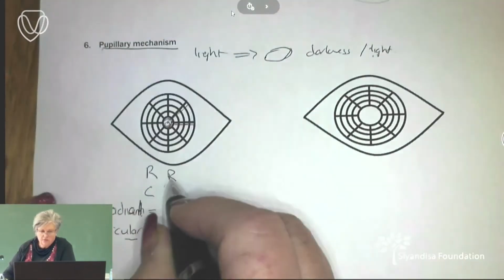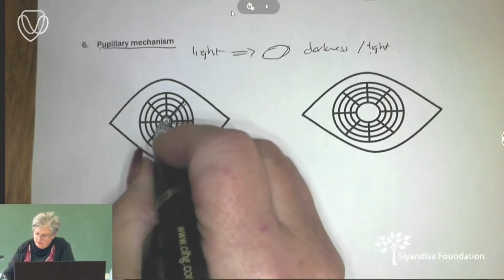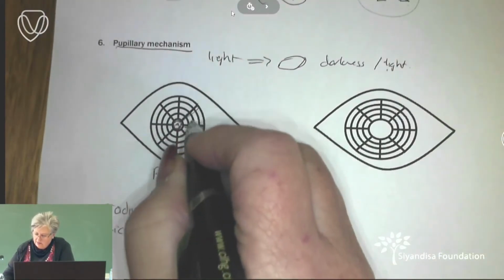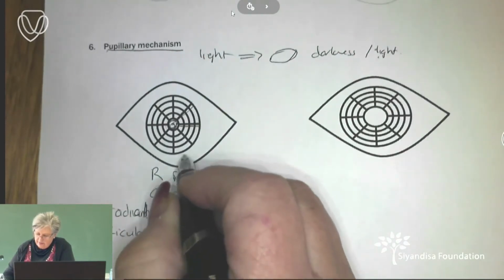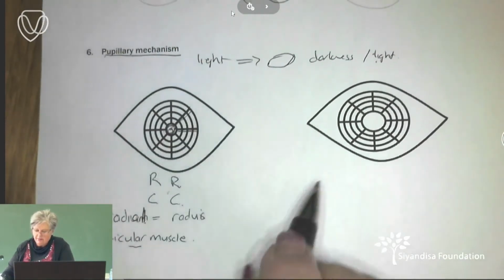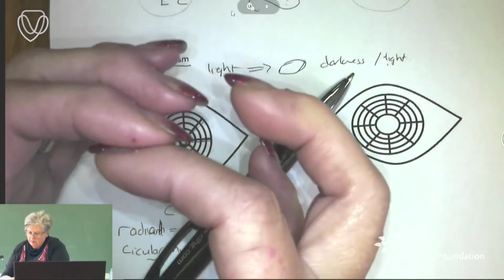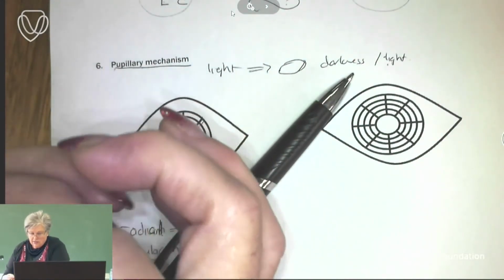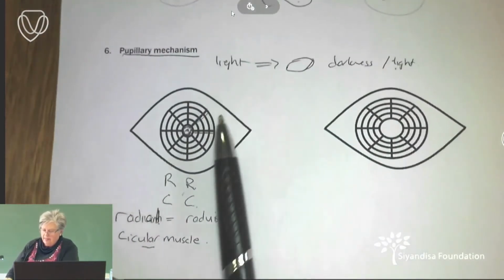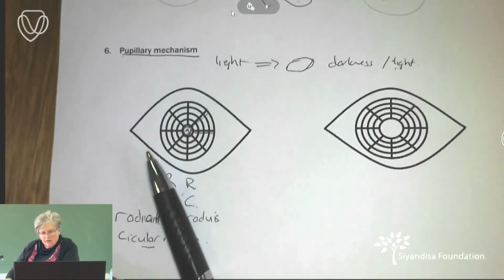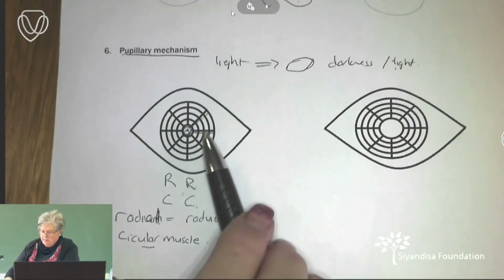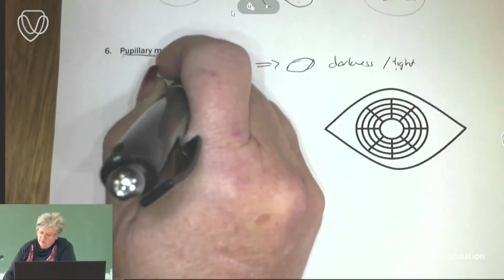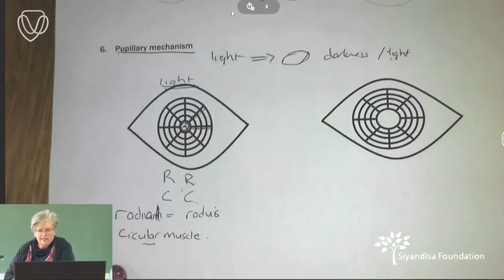So it's the opposite of the above one. So the circular muscles contract, the radial muscles relax. As they relax, they push this circle to get smaller, and less light can enter the eye. So this is a typical eye view for viewing in daylight.